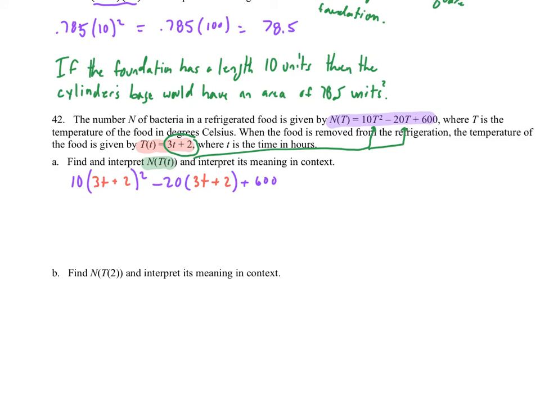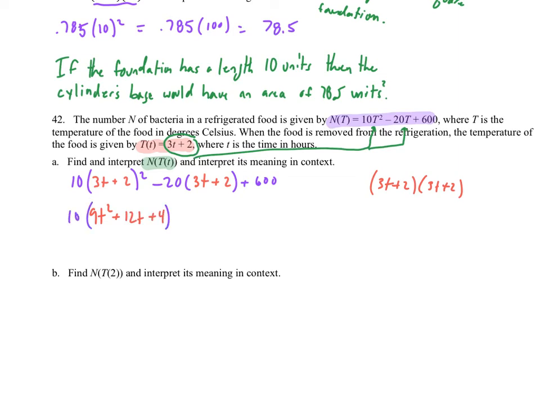I need to do a bunch of simplifying here. I'm not going to spend time talking about it because you should be able to do it on your own, but the first thing we need to do is square the 3t plus 2. That means 3t plus 2 times 3t plus 2, and go through the whole foiling process. When you do that, you end up with 9t squared plus 12t plus 4.